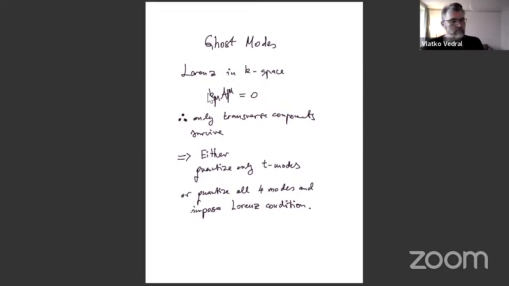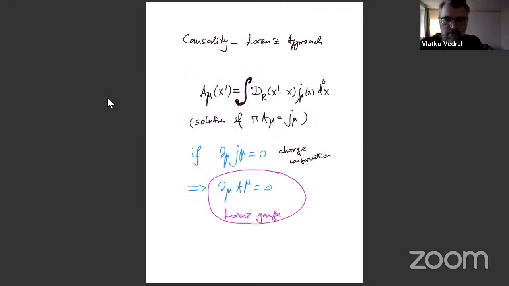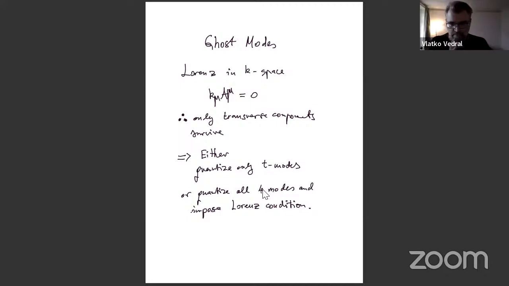this word ghost that we use, is that if you look at this Lorentz condition, which here is written in position space, if you go to K-space, then of course you've got this very simple equation K mu A mu equals 0, which is the usual way that we use to justify that only the transverse components are really relevant, dynamically speaking.